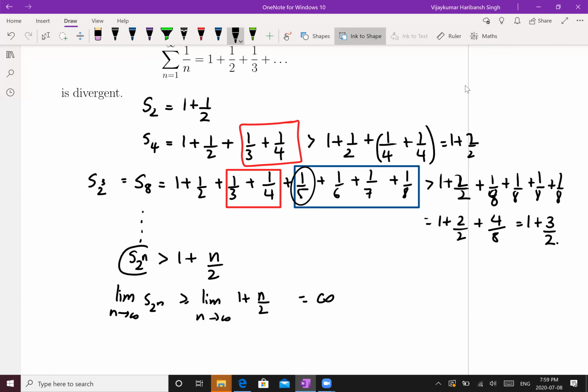So the sequence of partial sums diverges, and we see that the whole thing diverges. Therefore Sn diverges, which implies summation 1 by n diverges, because after all, the convergence or divergence of your series is the same as convergence or divergence of your sequence of partial sums.